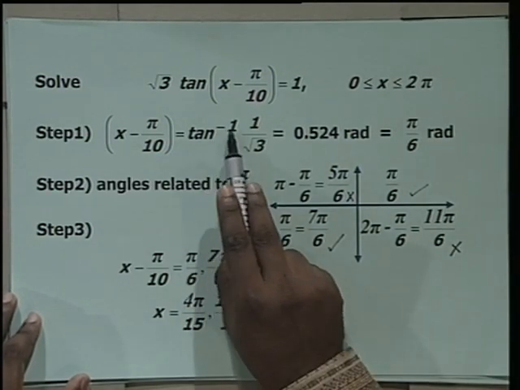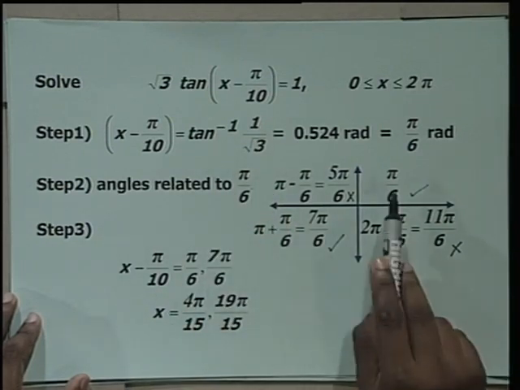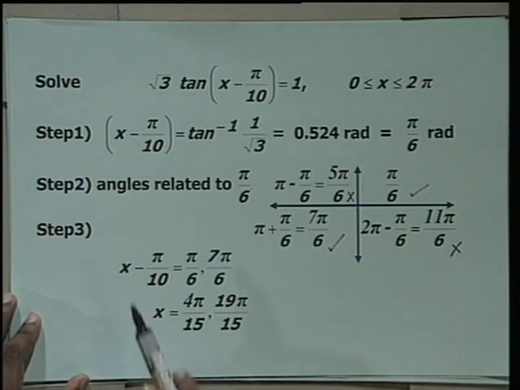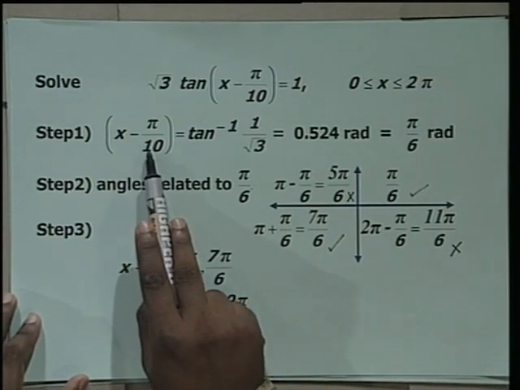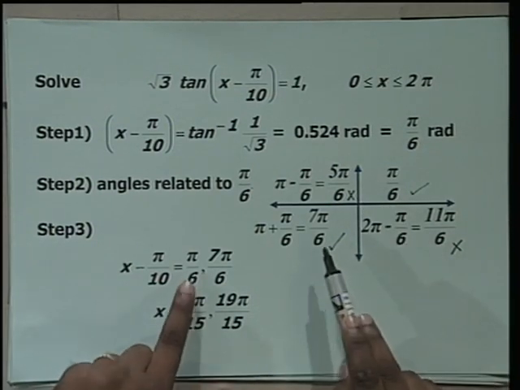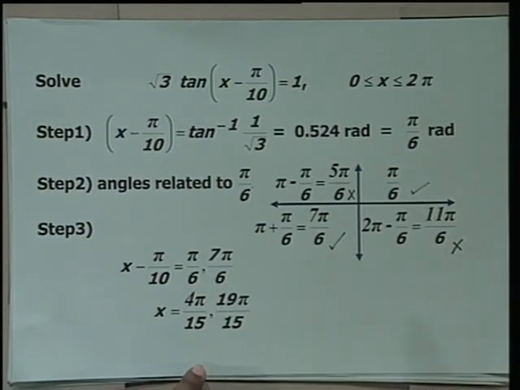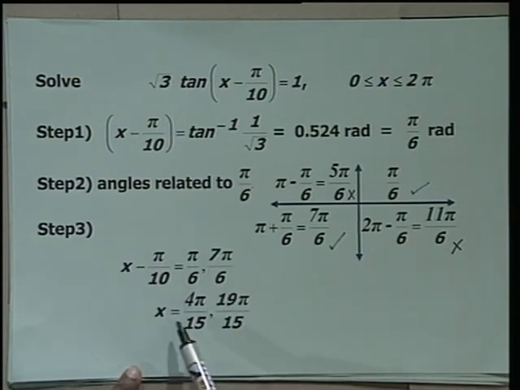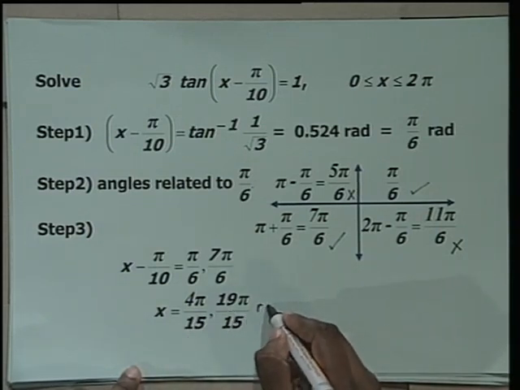Therefore, we'll say tan inverse 1 over root 3 is equal to π/6 and 7π/6. So that we can write x − π/10 is equal to π/6 and 7π/6. Sending the π/10 to the right hand side, we obtain x equal to 4π/15, 19π/15 radians.